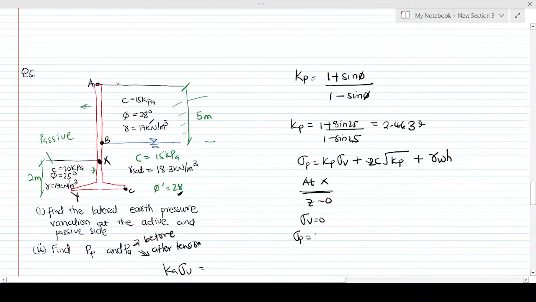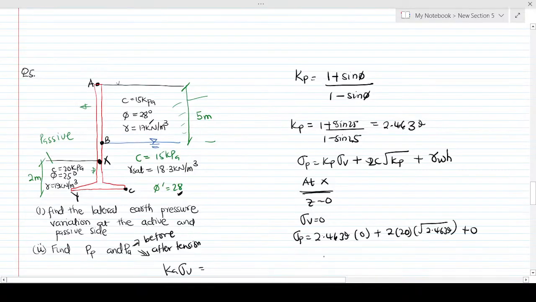So KP times 0 plus 2c square root of KP, which is 2 by 20 multiplying square root of 2.4639.